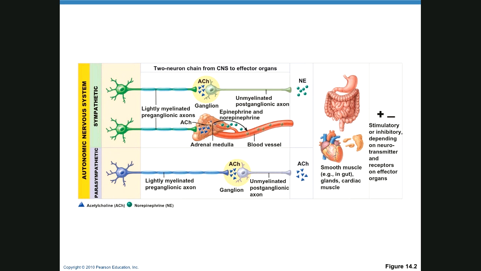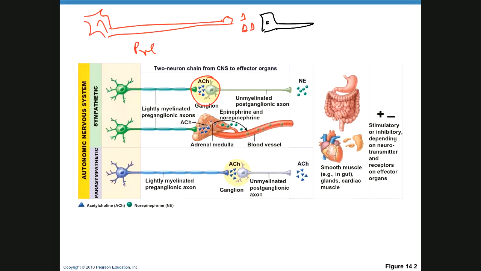This is the preganglionic fiber, the sympathetic fiber going into the adrenal medulla. This is a presynaptic neuron. Remember, the presynaptic neuron releases acetylcholine. Acetylcholine are the little triangles. Then there's another set of little neurons in the adrenal medulla which respond to the acetylcholine by releasing norepinephrine.